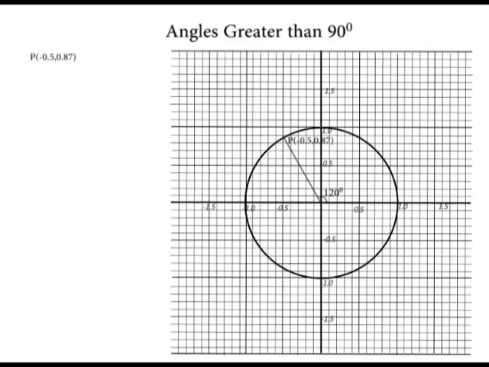Using the universal coordinates cos theta, sin theta, it means that cos 120 degrees is equal to negative 0.5 and sin 120 is equal to 0.87. Tan 120 degrees will therefore be 0.87 over negative 0.5, and that gives us negative 1.74.